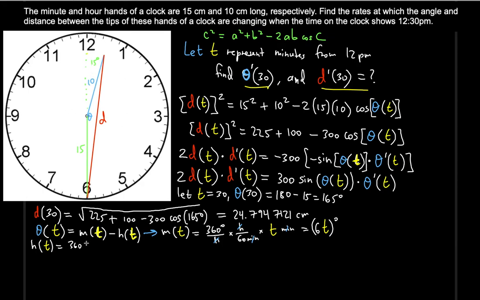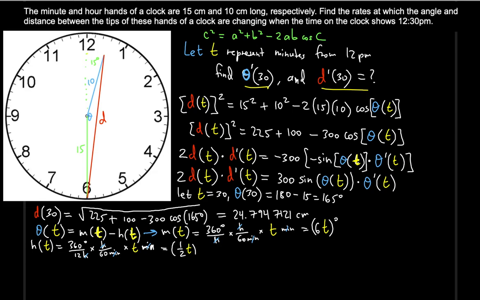So 360 degrees per 12 hours times the hour taking 60 minutes times the t minutes. So as a result, the minutes cancel out, the hour cancels out. This is equal to 1/2 t, because 360 divided by 12 is 30, and 30 divided by 60 is 1/2.